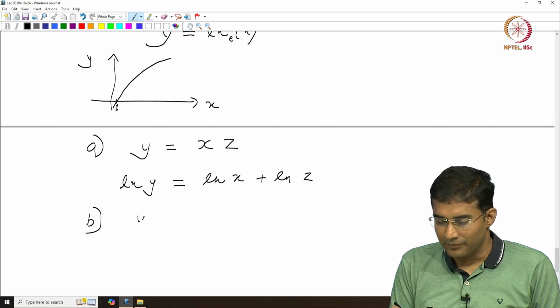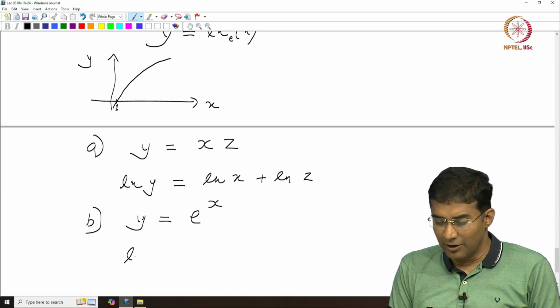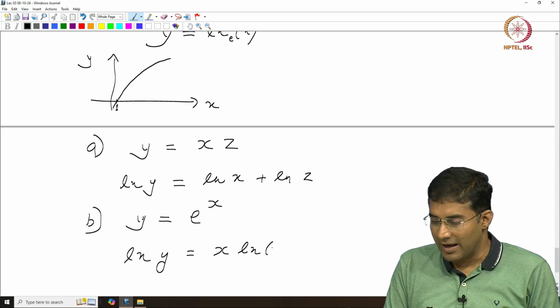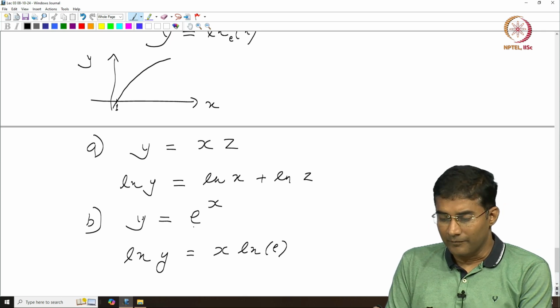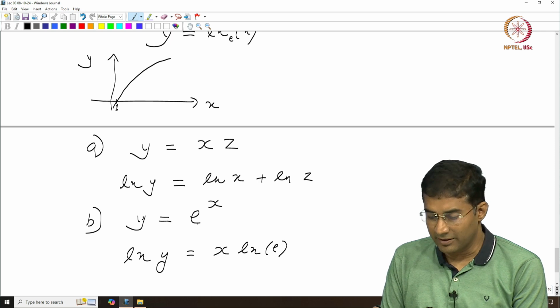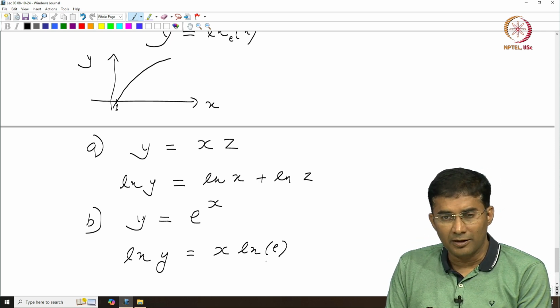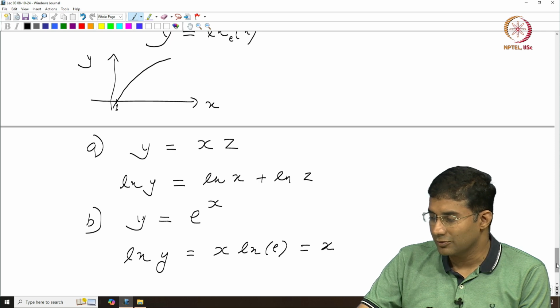Now, consider y is equal to e power x. Okay. Now, if you take the logarithm, the exponent becomes a coefficient, and the e is now in the logarithmic function, but the logarithm of e with respect to base e is nothing but 1. So you basically have logarithm of y is equal to x.